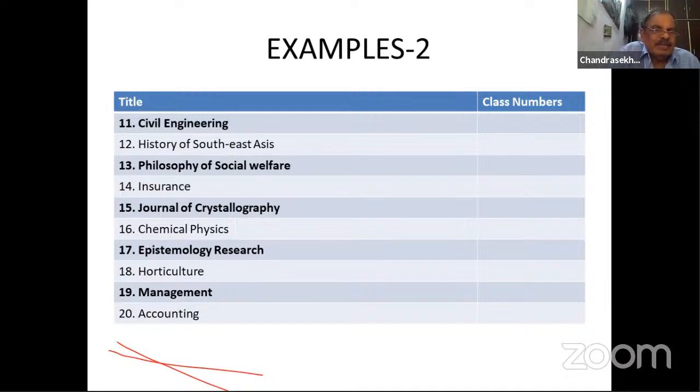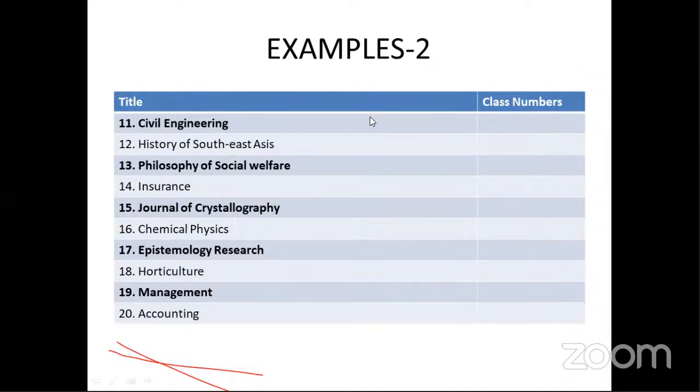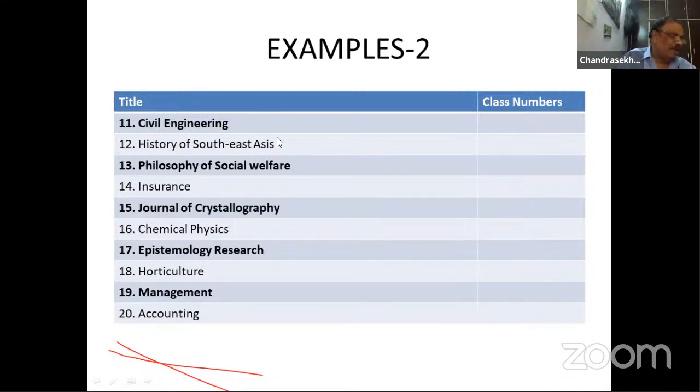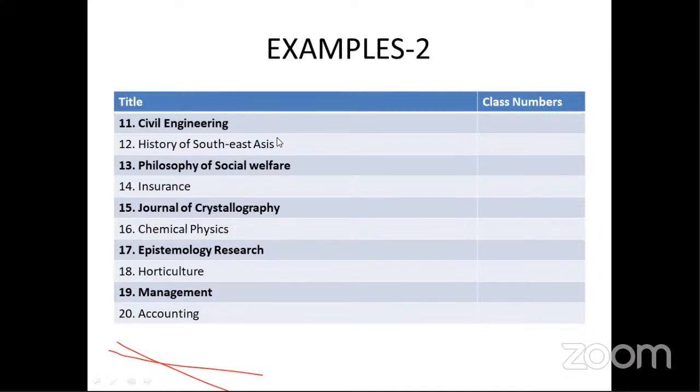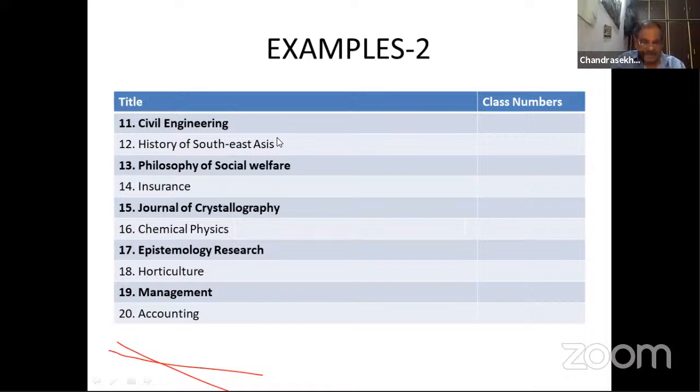Then next title, History of Southeast Asia. 959. Is 959 correct? See there. History is 900.